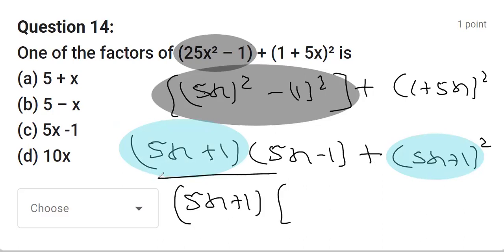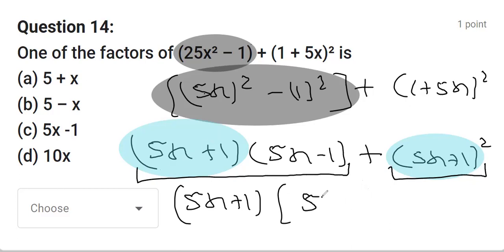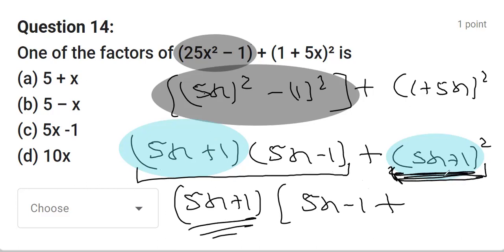Now, if I divide this, as you must be knowing, there are two terms only, not three terms. This is one term and this is the second term. Dividing the first term by 5x plus 1, I get 5x minus 1. And dividing the second again with 5x plus 1, it is square, so one times gets cancelled and we'll get positive 5x plus 1.